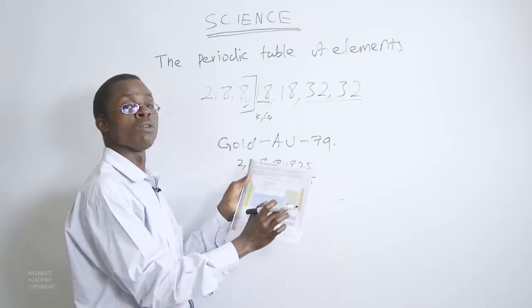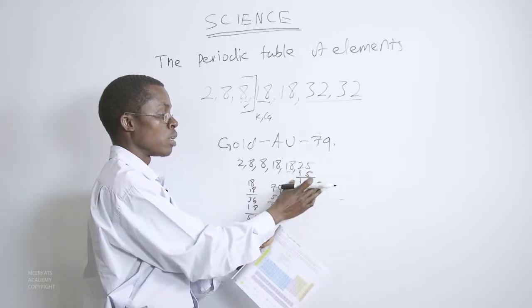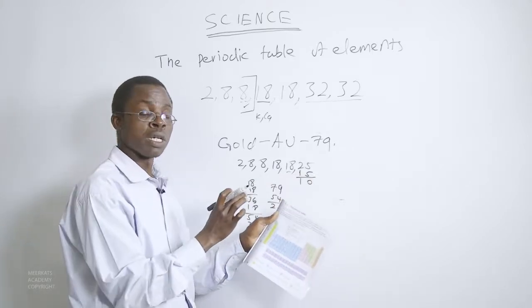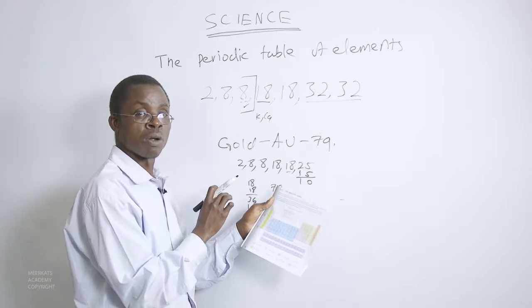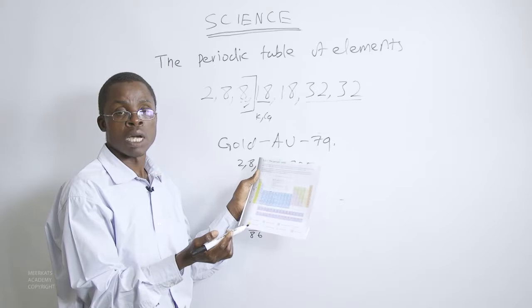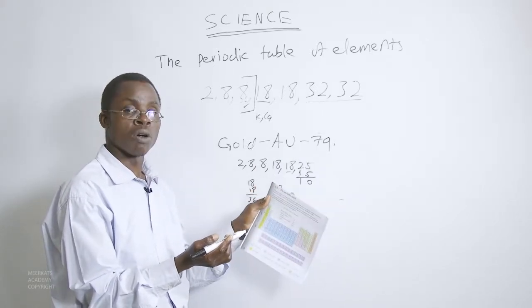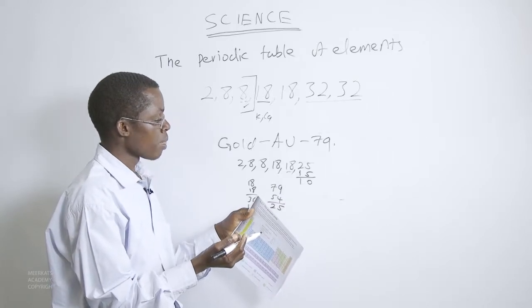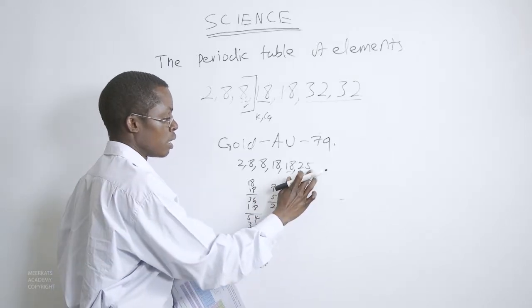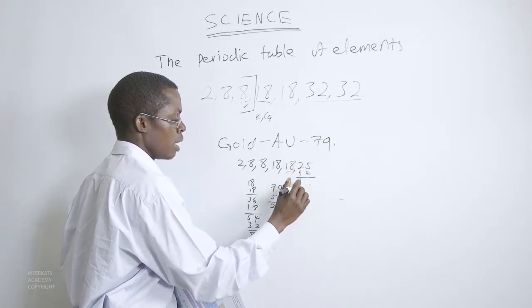Or depending on how you will count. If you count including the box, you leave it that way. If you count minus the box, then you have to subtract 1. So the best is, let's count subtracting the box and see the position of gold. Or we subtract 14 and we get 11.